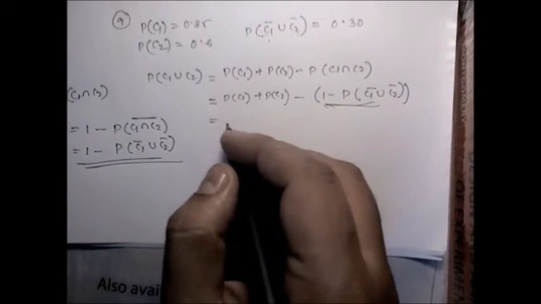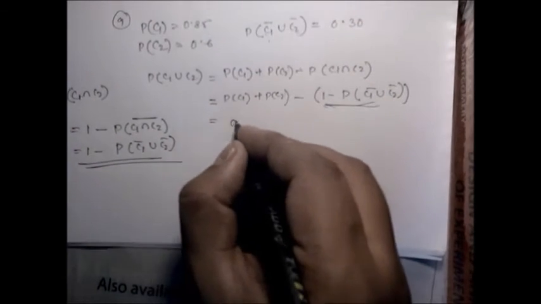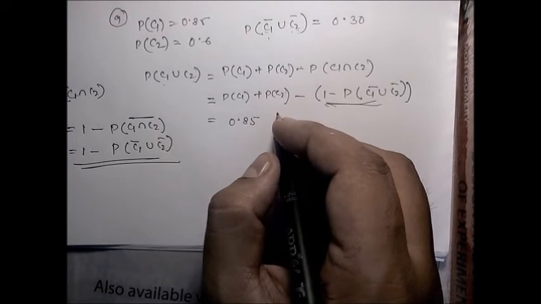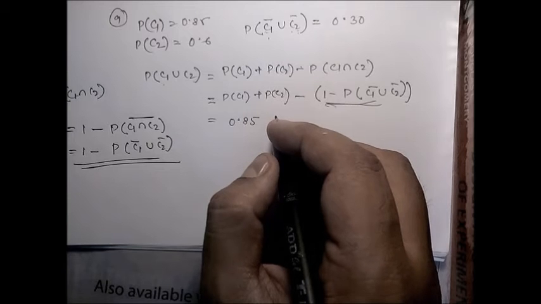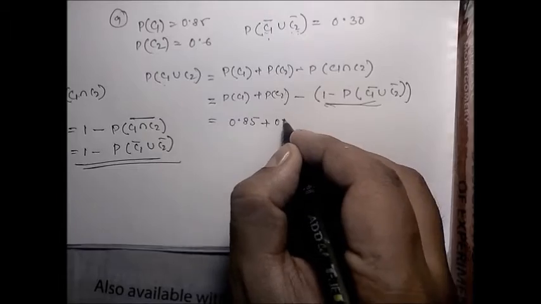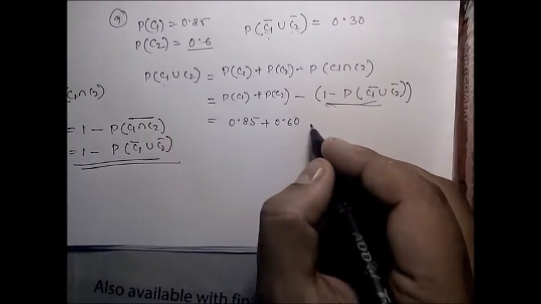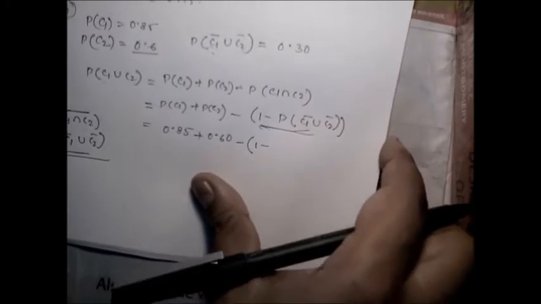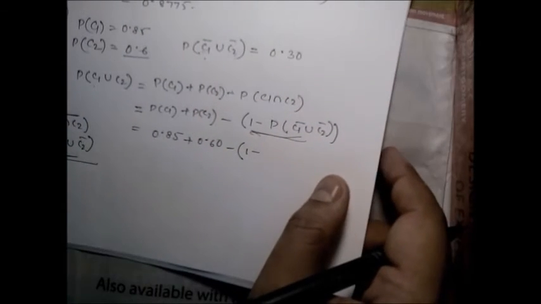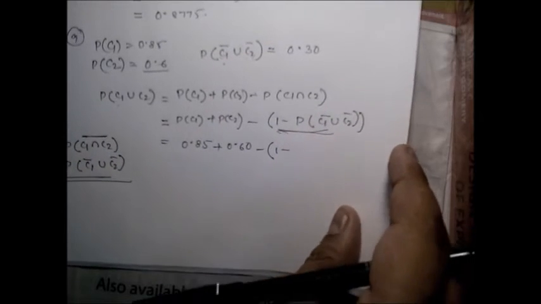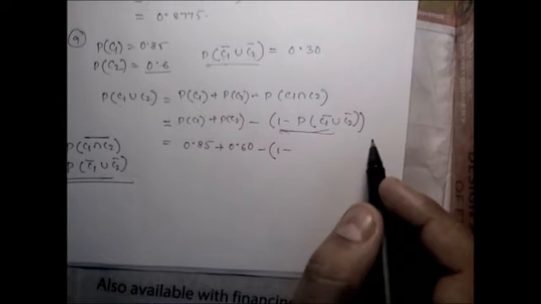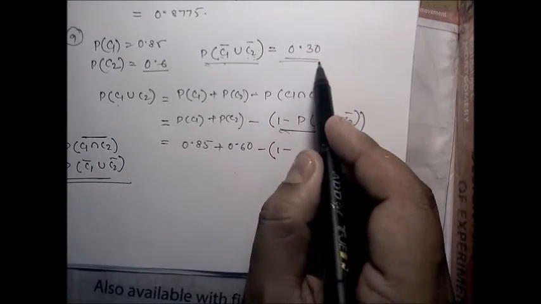So from this here it is okay. Probability of C1 is 0.85 and probability of C2 is 0.60. Okay. Next, 1 minus probability of C1 bar union C2 bar, that is nothing but 0.30.